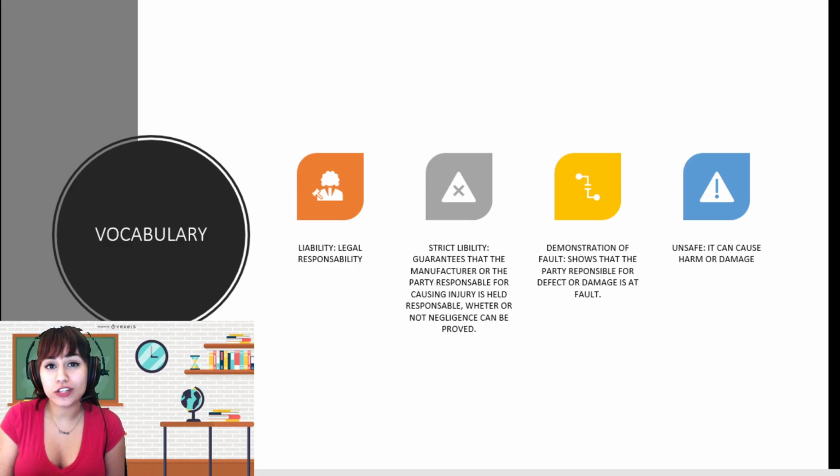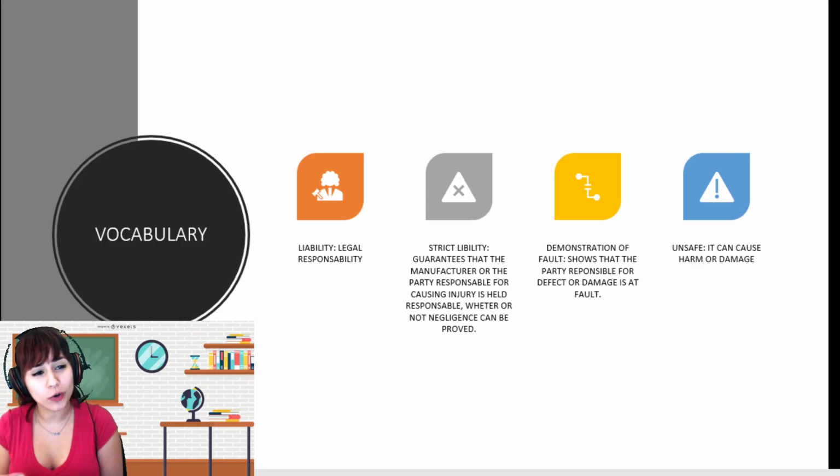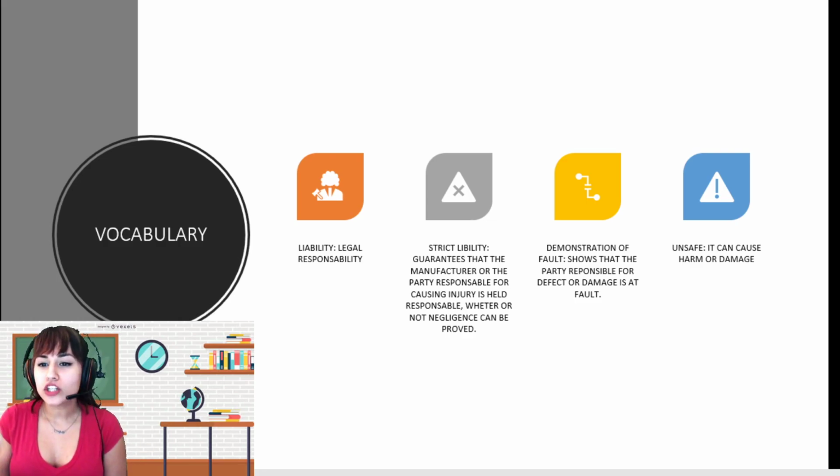Okay, so demonstration of fault es la demostración de la culpa. ¿Qué es la demostración de la culpa? Shows that a party, ya vimos que es party, okay, is not fiesta. Party is responsible for a defect or damage is at fault. Okay. ¿Qué significa? Que el responsable de la culpa es esa parte o esa persona. Okay, es cuando se comprueba que esa parte fue la responsable.